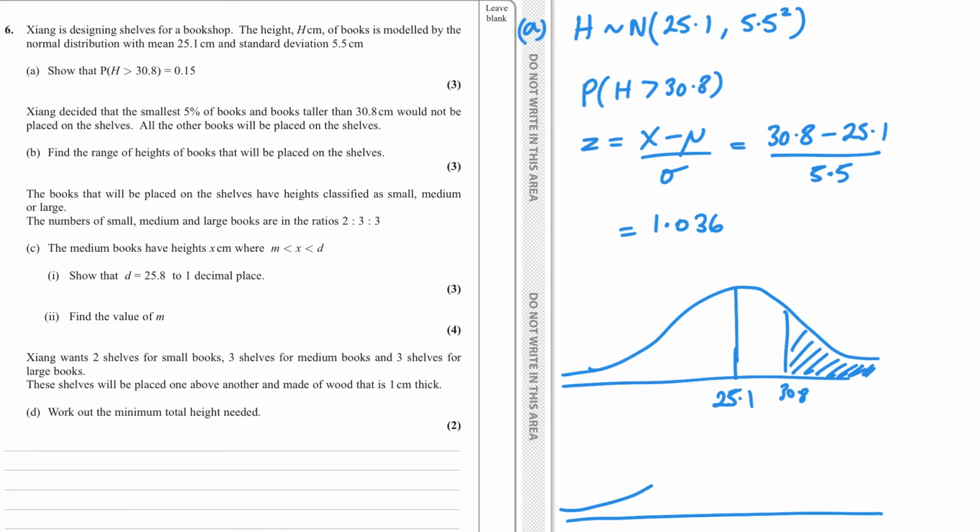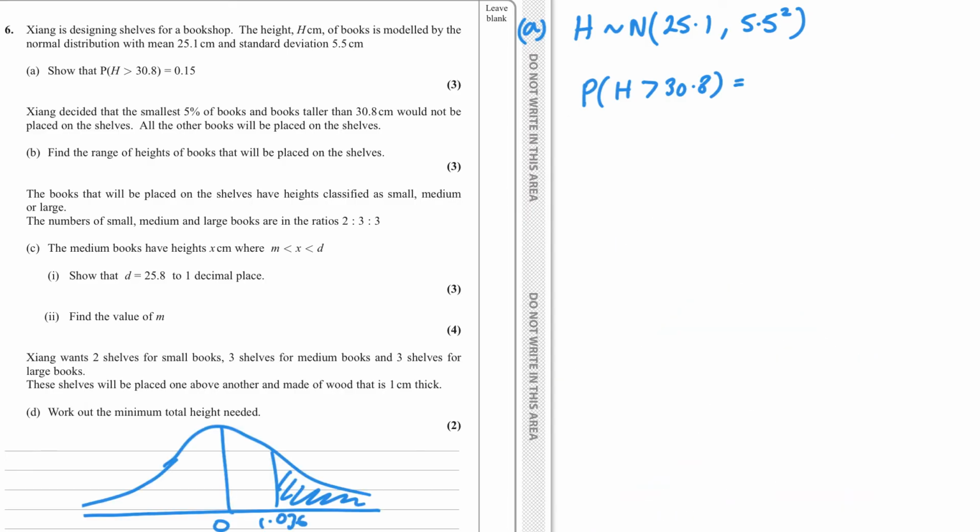That means that when we come to our values of Z, which is our 1.036 here, we're going to end up wanting 1 minus. So this is going to be the same as Z is greater than my 1.036, and this is the same as 1 minus the probability that Z is less than 1.036.